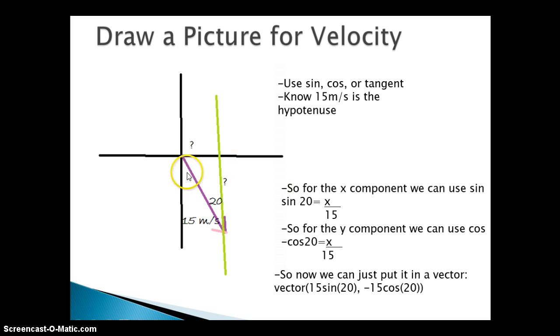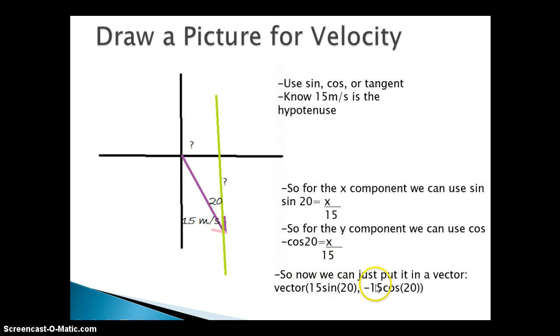So we know it's coming in at this angle, 20 degrees, and the velocity is 15 meters per second. To find this x component, that's opposite over hypotenuse, which is sine. So sine of 20 equals x over 15, and this x is going to be this component. And we know y is adjacent over hypotenuse, which is why it is cosine 20 equals y over 15.